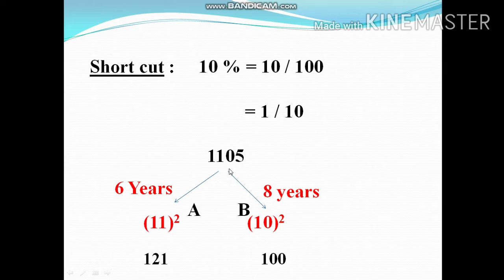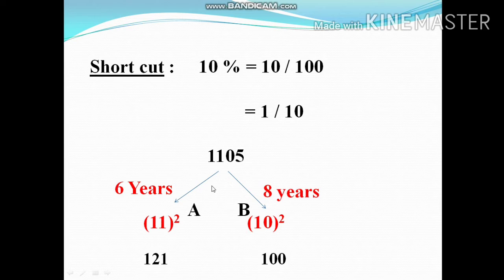So in the problem the 1105 rupees is divided between A and B as two principals. Here we get the doubt: to whom do we give the higher principal?